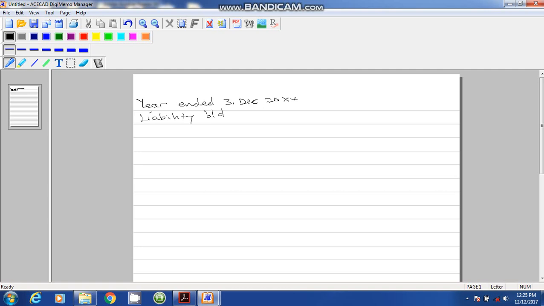The liability brought down is 0. We do not know the profit and loss expense entries, so we compute the closing balance.